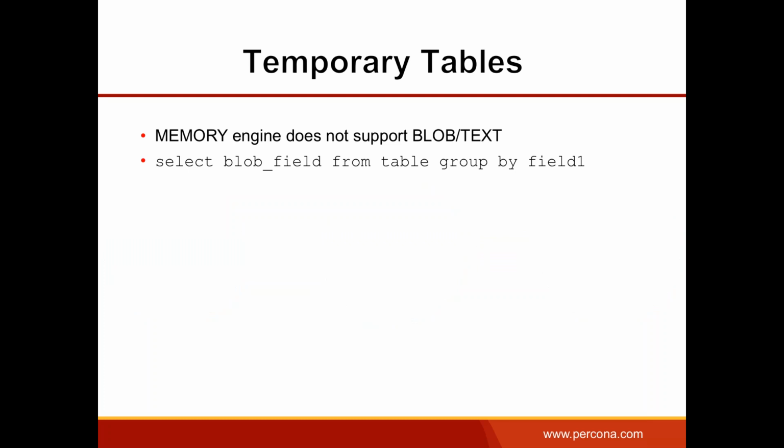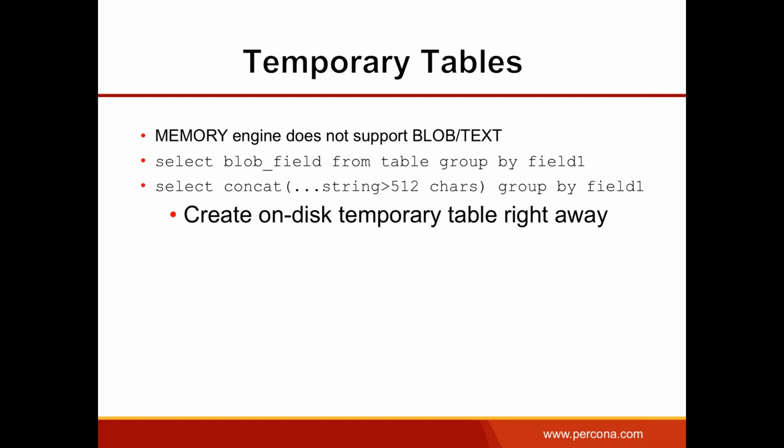So if you are selecting a blob field or a text field, it doesn't apply to varchars. Only if a field is declared as a blob or text and you do a group by, then MySQL creates an on-disk temporary table right away. Same thing if you're doing something like select concat and the result string will be larger than 512 characters. So MySQL will create an on-disk temporary table in MyISAM format right away.